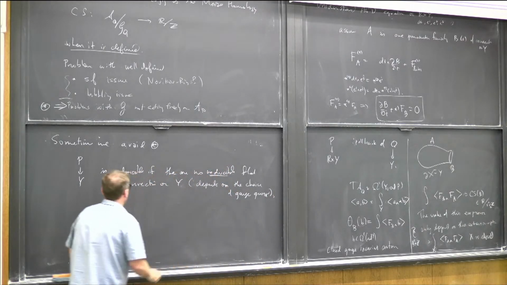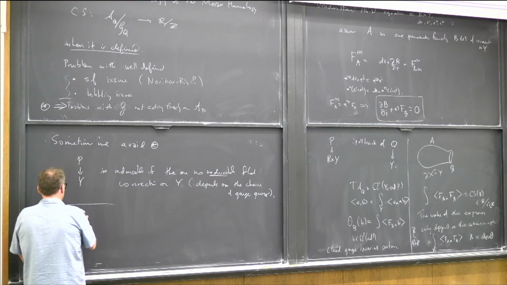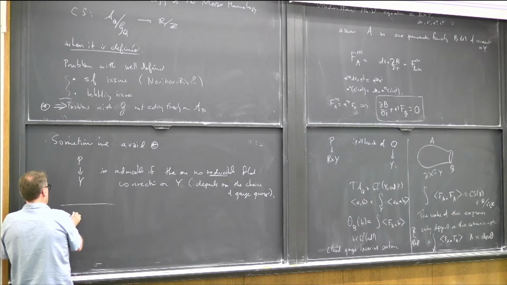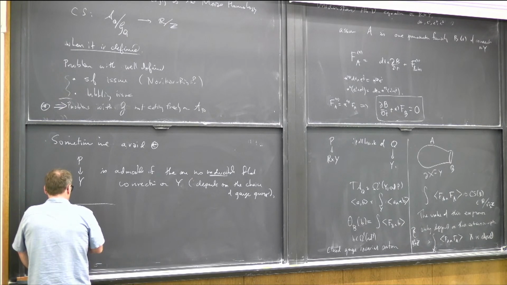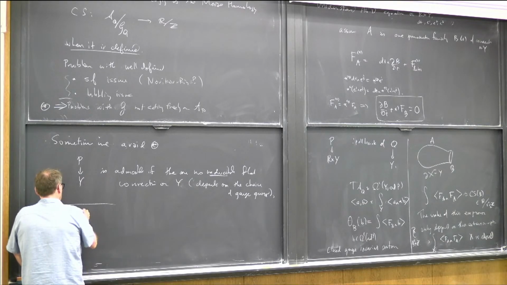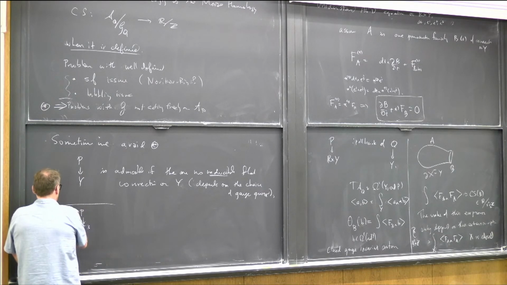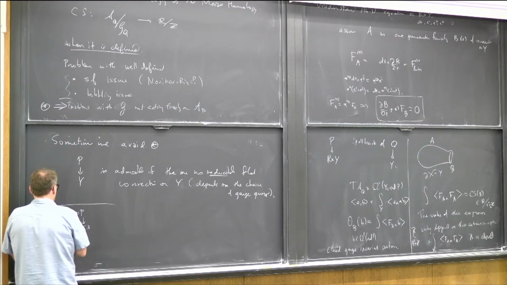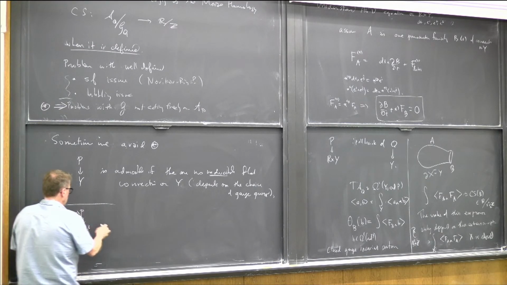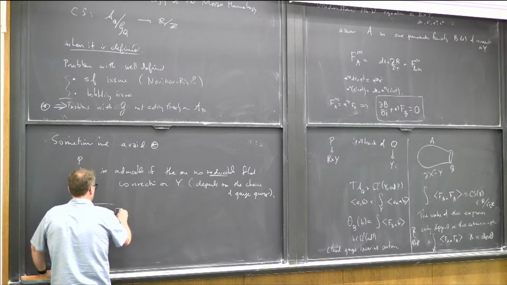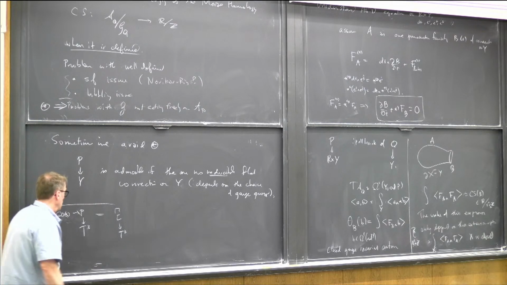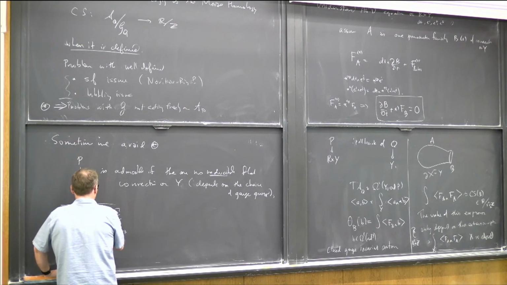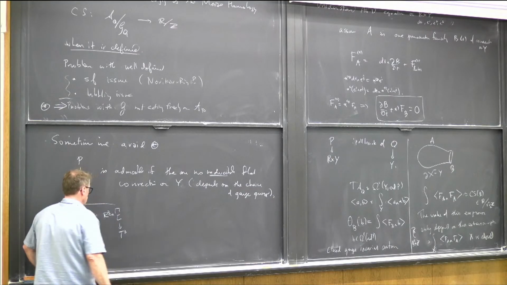So let me give you an example of an admissible Y. So let's take the 3 torus, and we want a principal SO3 bundle on it, but let's think of the corresponding rank 3 real vector bundle.